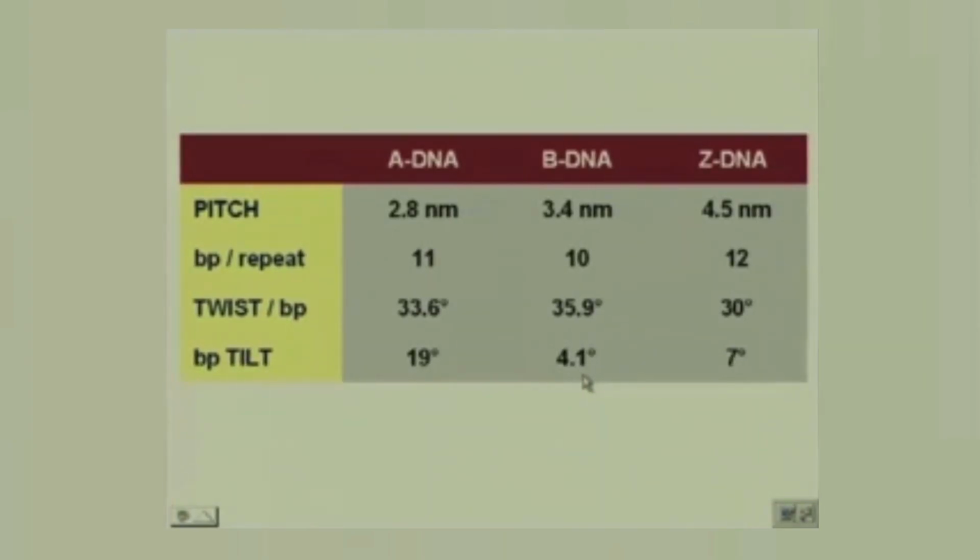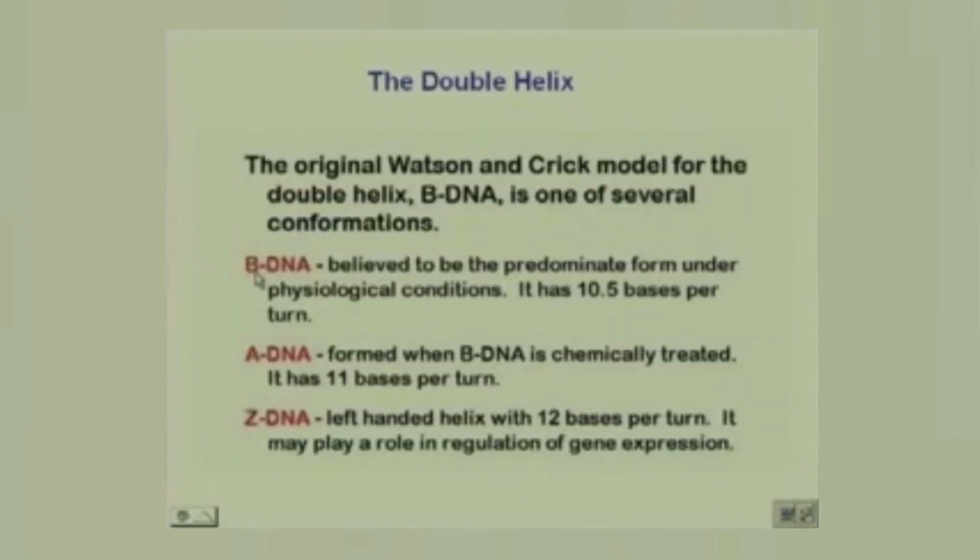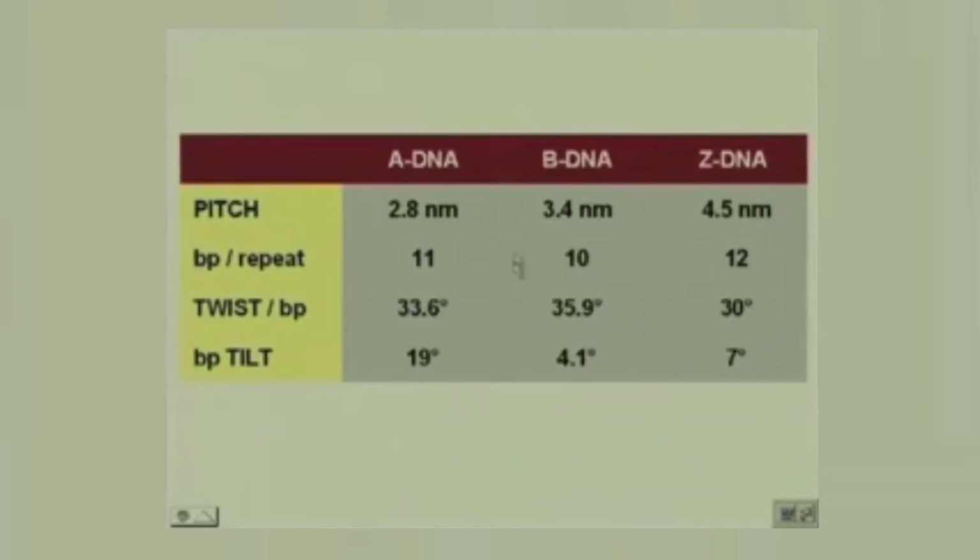Okay, that's a slight base pair tilt. So the 3 DNAs, we have the bDNA, the aDNA and the zDNA, and the most common structure that we will be considering is just the bDNA. That has about 10 base pairs per turn, 3.4 nanometers and a base pair tilt of 4 degrees.